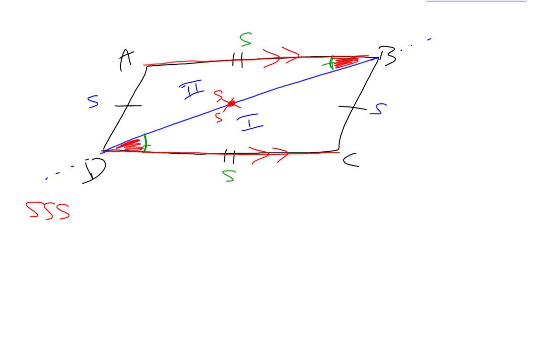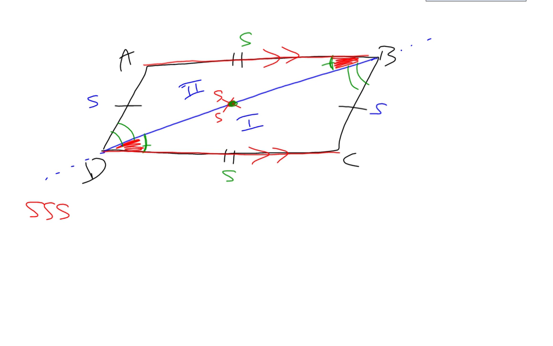I know that these two angles over here, angle CBD and angle ADB, are also congruent. Remember, I'm rotating the bottom triangle, triangle 1, around this point, and angle CBD and angle ADB are going to coincide with each other. Well, if that's true, what does that mean about DA and CB?